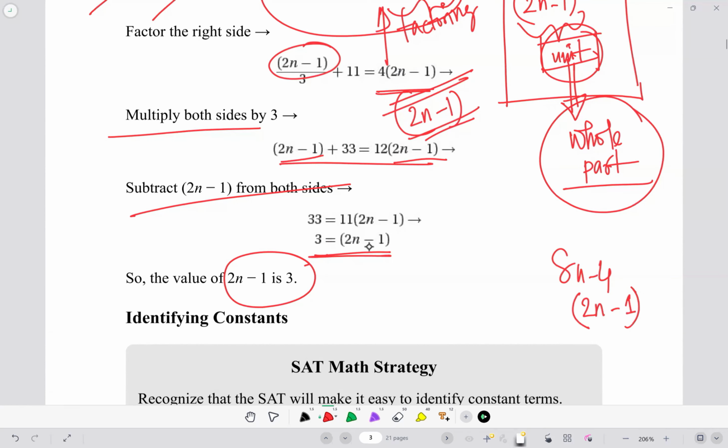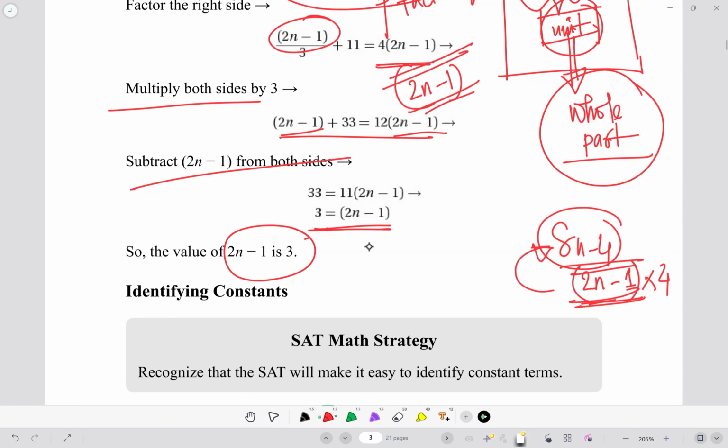Just write the first 2n minus 1, and then what number, if I multiply with this 2n minus 1, will look like this? Simple, 4. If I multiply 4 with this 2n minus 1, it will look like this, because I'm writing the second line first and then trying to get back to the first line. This is reverse engineering. Do you understand?